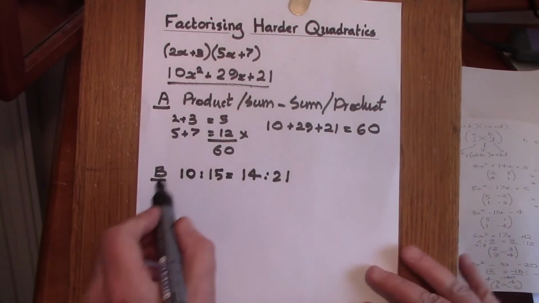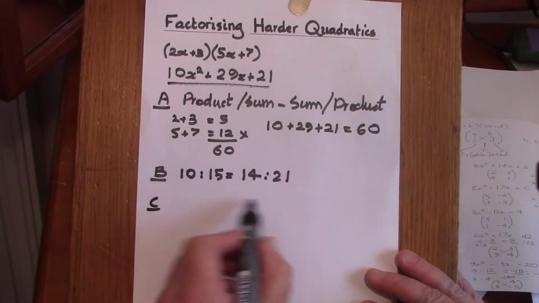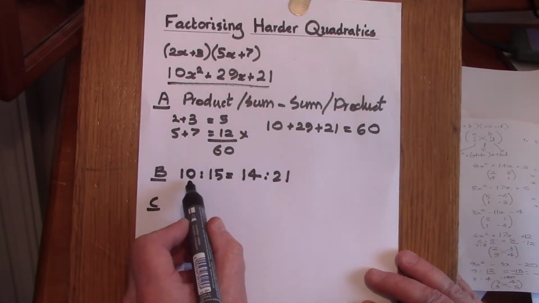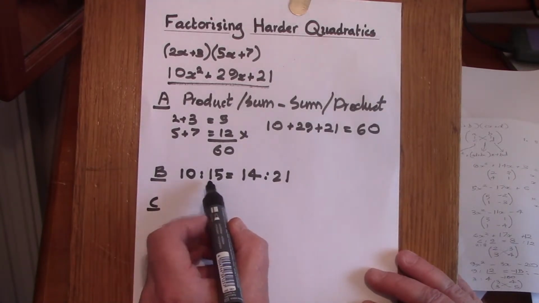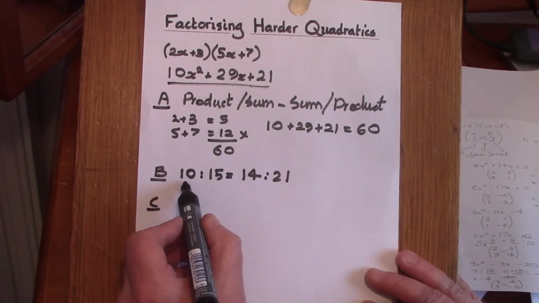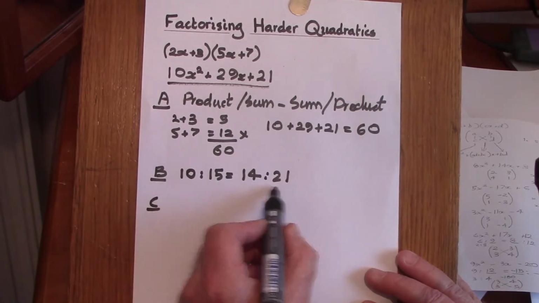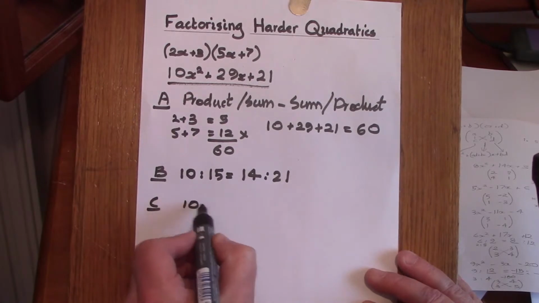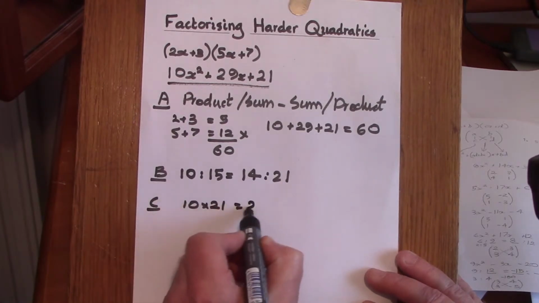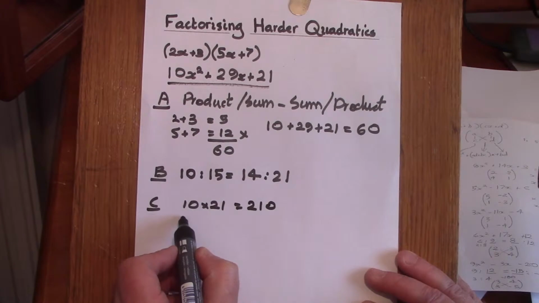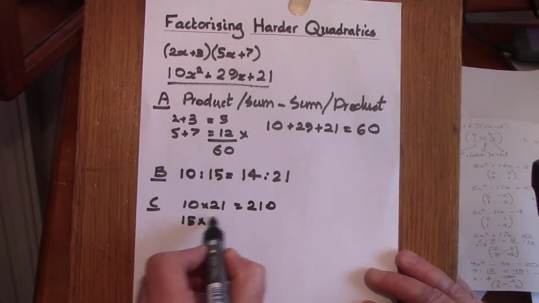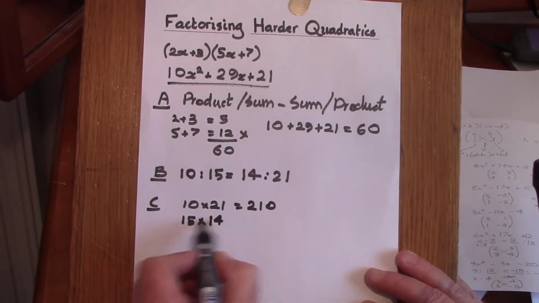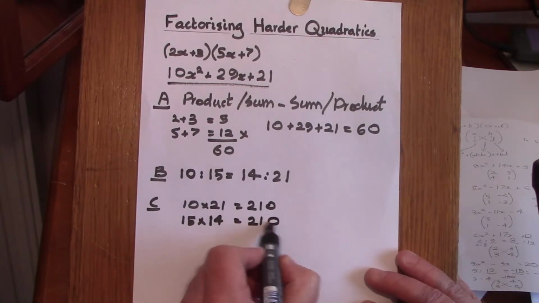The third property, property C, worth mentioning here, is that the product of the first term and the last term, in this case 10 times 21, is 210, which is equal to the product of the middle two terms. 15 times 14 is also 210.